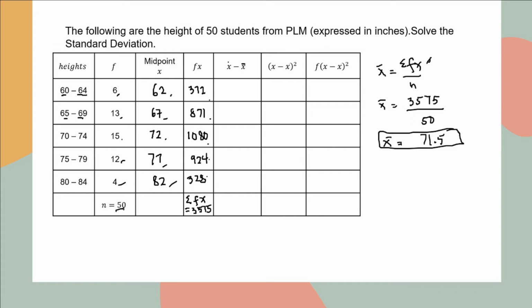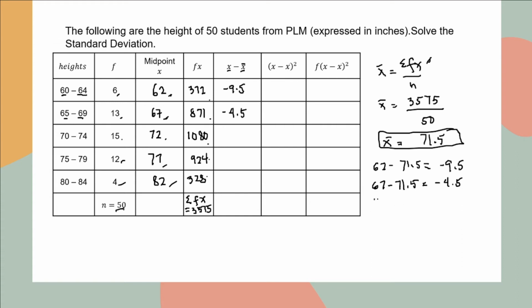So, x, this is the midpoint. And mean, ito yung 71.5. So, 62 minus 71.5. The answer will be negative 9.5. Next is 67 minus 71.5. The answer is negative 4.5.